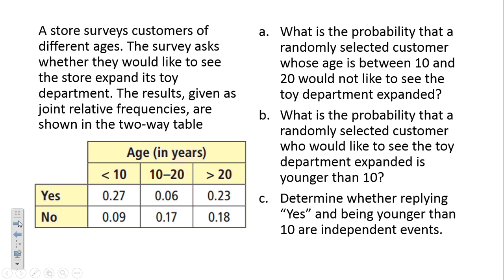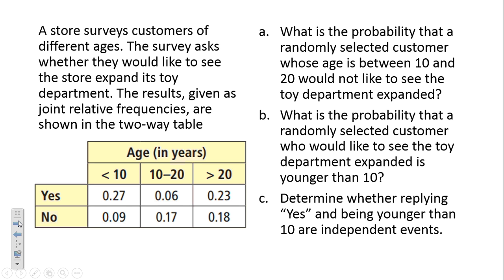So we're to find out, first of all, what's the probability that a randomly selected customer who responded to this survey is between the ages of 10 and 20 and would not like to see the toy department expanded. Okay, so when you think of probability, what do we do when we find probability?